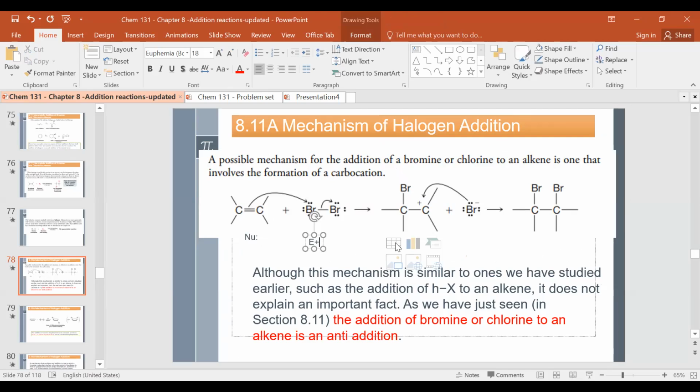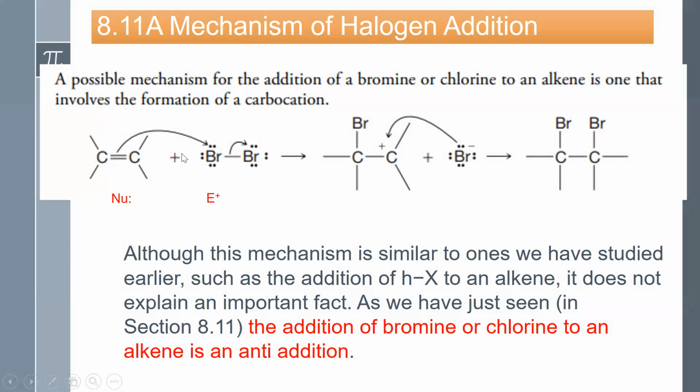E plus, on top. Which means that there is a positive center in there. Okay, so for the bond that's being formed with bromine, we will be utilizing the electrons from the pi bond. So one of the carbons will form a bond with bromine. When this forms a bond with bromine, the bromine-bromine bond will go to the other atom of the bromine.